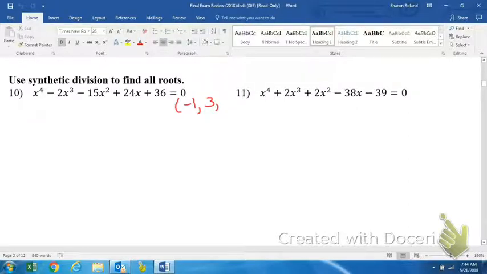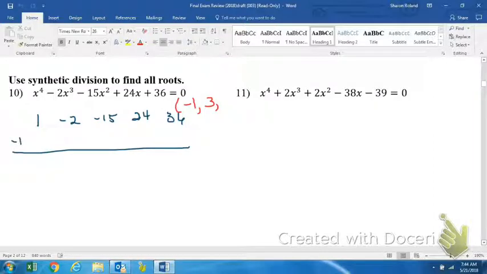Okay, so we're going to do 1, -2, -15, +24, and 36. And we already know -1's going to work. You bring the 1 down. -1 times 1 is -1. -2 combined with -1 is -3.